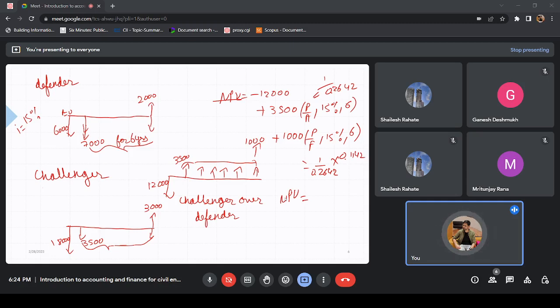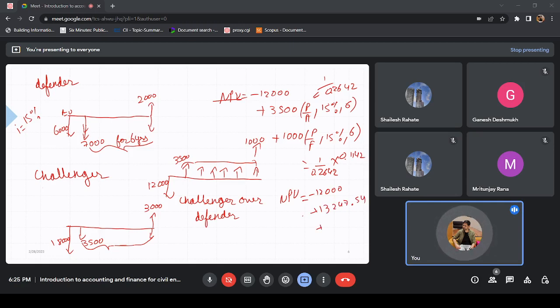Okay, I will give you some time to calculate this. Okay, this becomes minus 12,000 plus 3500 divided by 0.2642, that is plus 13247.54.